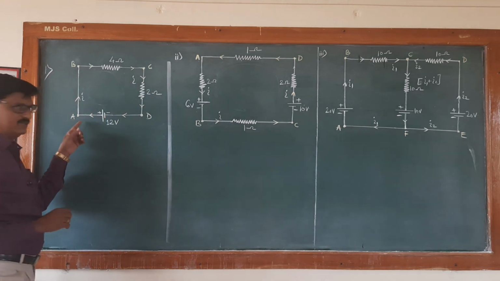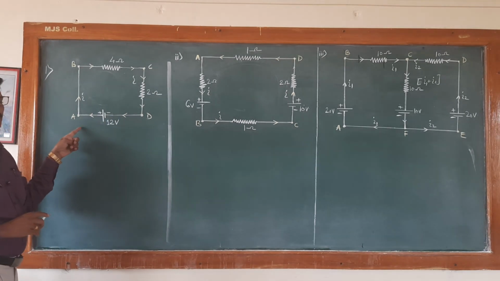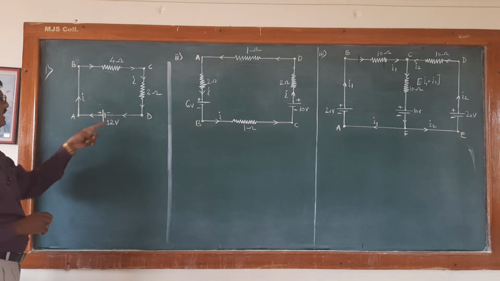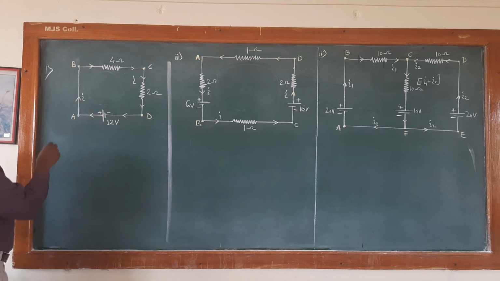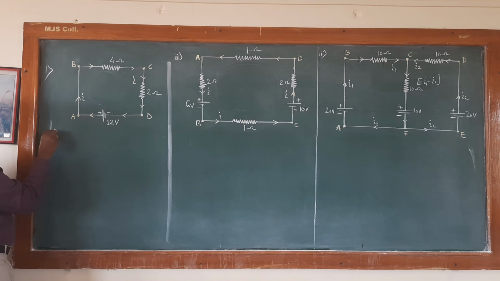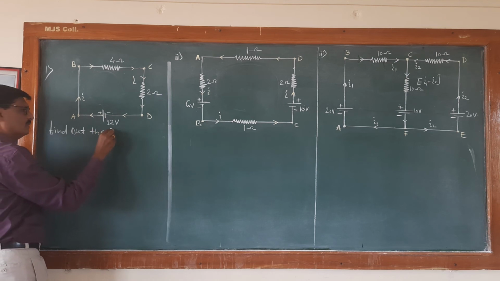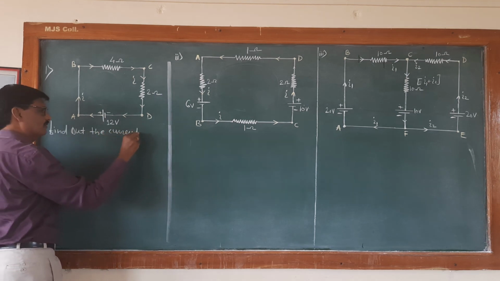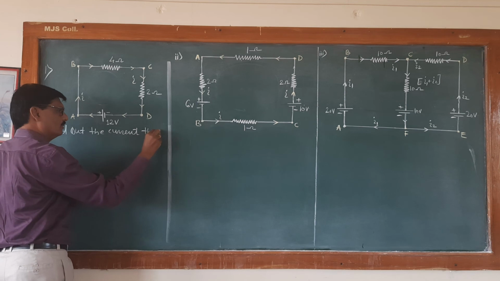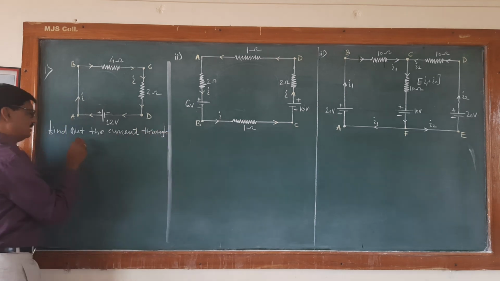Suppose this is the first example related to Kirchhoff's voltage law. Using this electrical network, find out the current through each resistor.